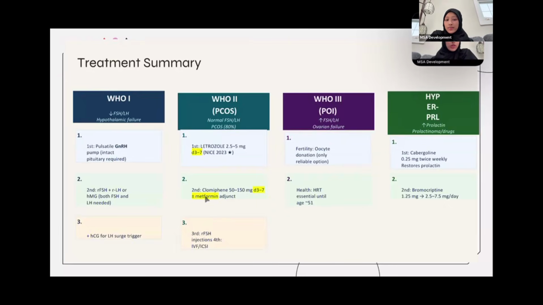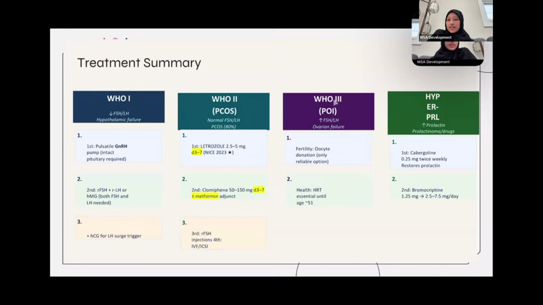Metformin is an adjunct that can be used in PCOS, especially because PCOS patients will have obesity, like high BMI. They will have increased testosterone and increased risk of diabetes. So you want to give them metformin to adjust for this metabolic issue as well.